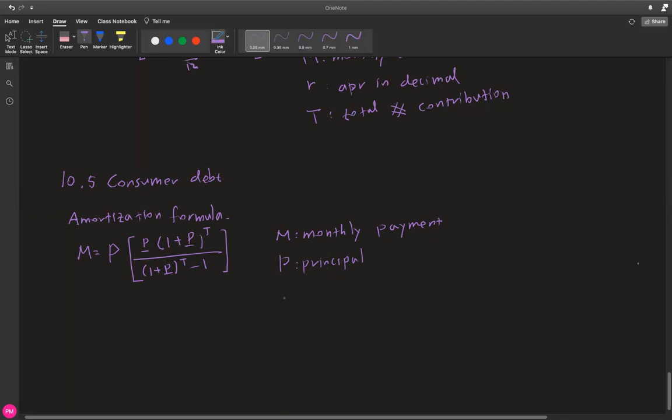And the lowercase p is the monthly interest. Or in other words, this is the same as R divided by 12, where R is APR in decimal. And t is the total number of payments.